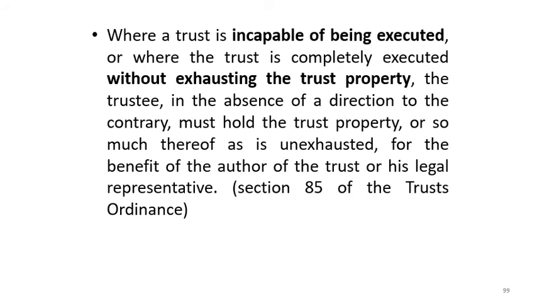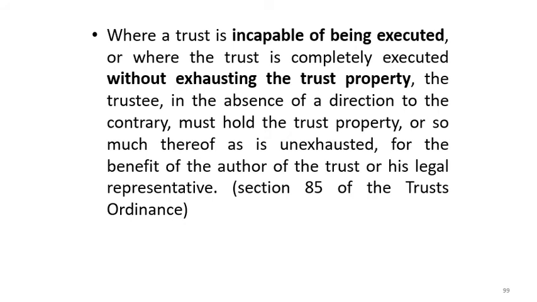Now here, what he should do is, the trustee must hold the property, or the whole such money that was unexhausted, for the benefit of the author of the trust. That means the trust was already created by the author of the trust for the benefit of another person.